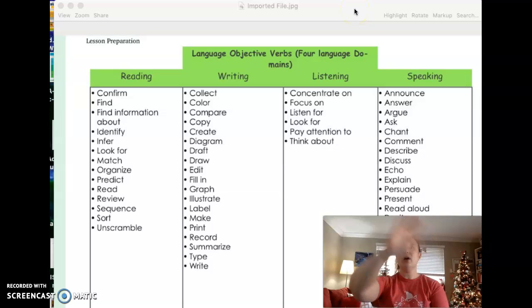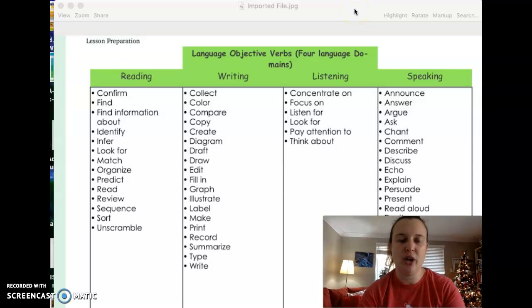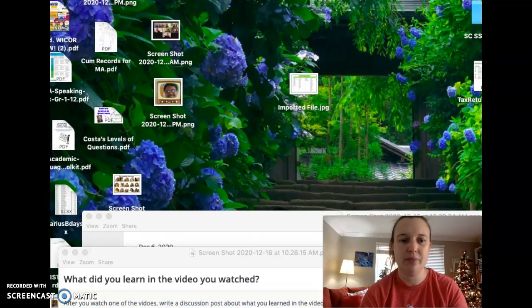Okay, now I want to show you a strategy that we use in EL a lot. Many mainstream teachers also use it, and it's the idea of sentence frames. So if you're already doing sentence frames, that is great. You are on the right track. So I want to show you how I've been doing sentence frames in distance learning.